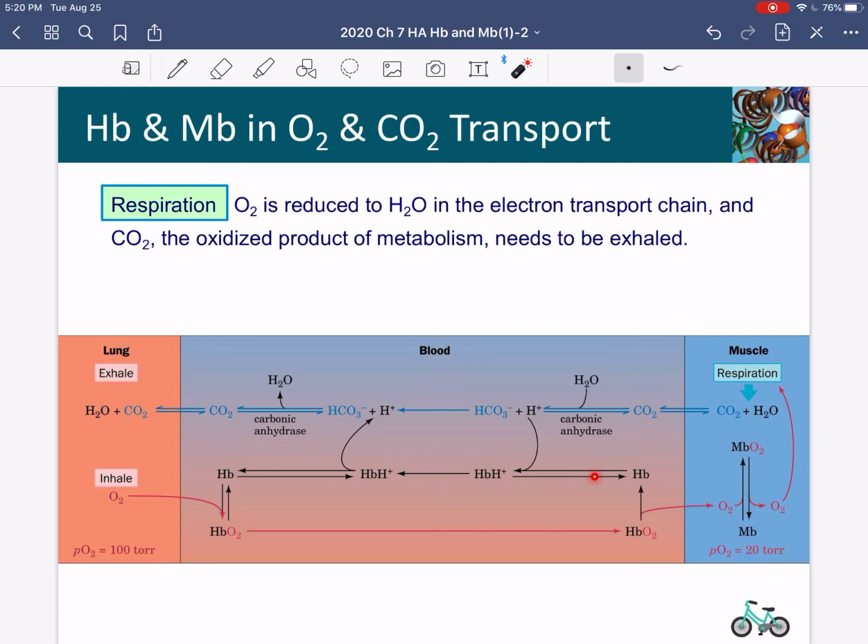So this hemoglobin is going back and forth between deoxyhemoglobin and oxyhemoglobin. And the deoxyhemoglobin is stabilized in the blood, in the capillaries, in the tissue. That's what helps. That's the Bohr effect.